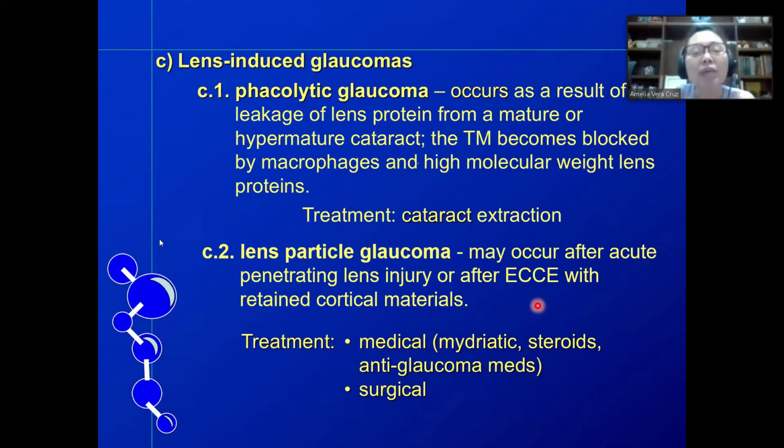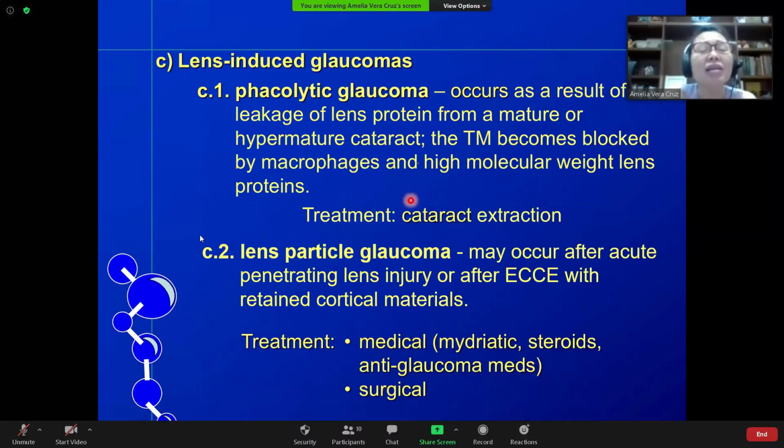So the trabecular meshwork will be blocked by macrophages which have engulfed your lens proteins. And also, high molecular weight lens proteins that will be deposited in your trabecular meshwork. Ang iba naman, na-engulf na ng macrophages mo. Okay? So, because the cause is the lens, the primary treatment is the cataract extraction.